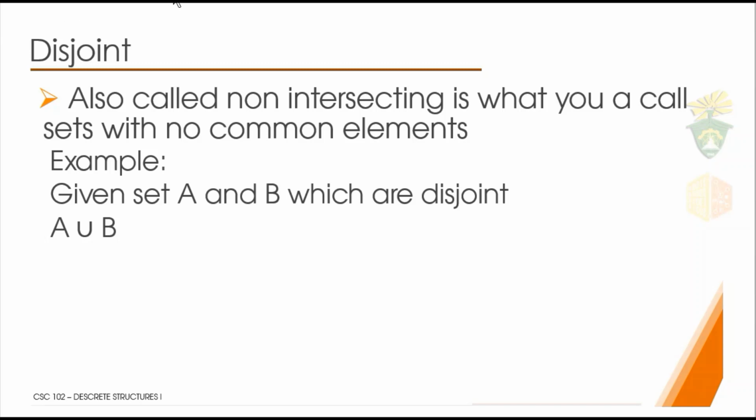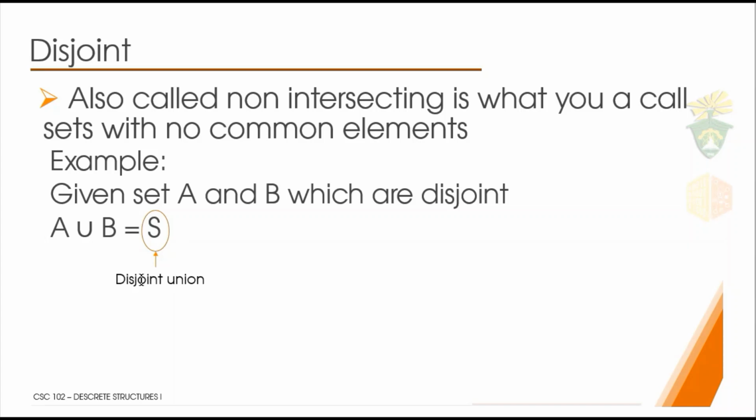Now what if we union these disjoint sets? If we combine sets that have no common elements, what should be the result? Well, the resulting set in the union should contain both the elements of set A and set B. And this result is what you call the disjoint union, usually denoted by the letter S. So that is the disjoint union.